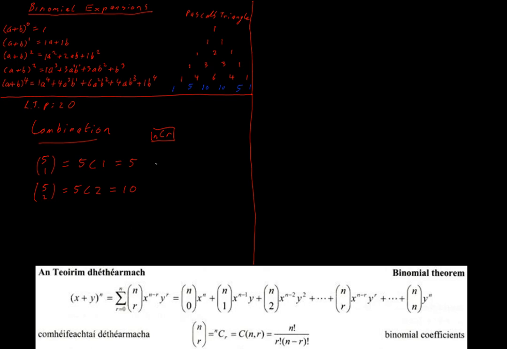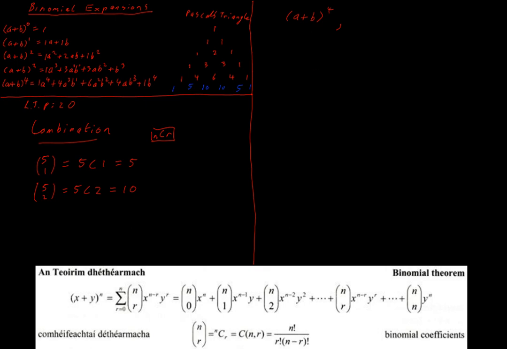Now, to give you an example of implementing this, I'm going to take (a plus b) to the power of 4, the longest one of these that I did out before. I'm going to use this formula, the binomial theorem, to figure out what it is going to come out to if I expanded my brackets.